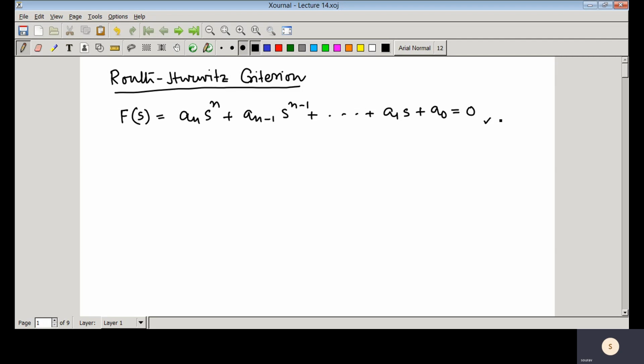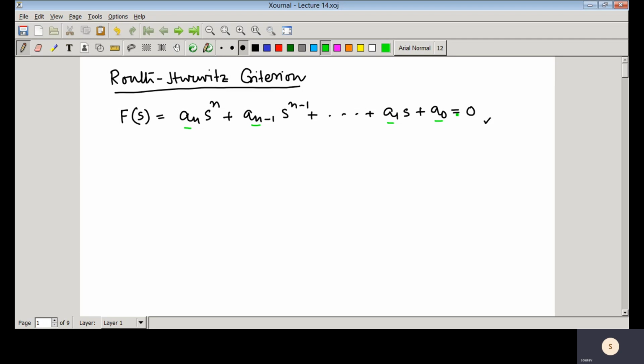Then the system would be asymptotically stable or bounded input, bounded output stable. And we have seen two necessary conditions: all the coefficients should have the same sign, and no coefficient should be absent in this polynomial.